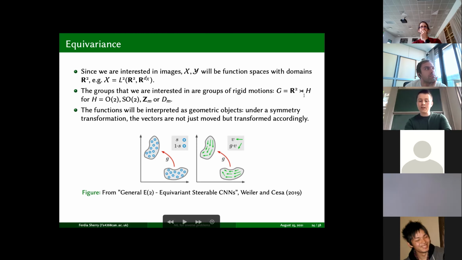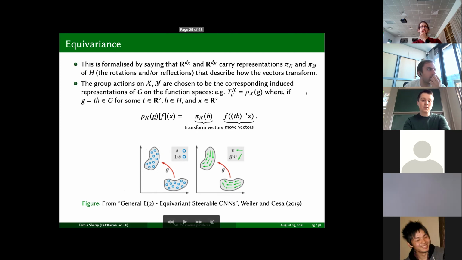So our group takes the form of this semi-direct product, and we have a choice of various options for this H. Formally, what I was saying, that the vectors have to transform accordingly, means we'll have some representations on the range spaces of these functions that say how the vectors should transform under the action of the group.